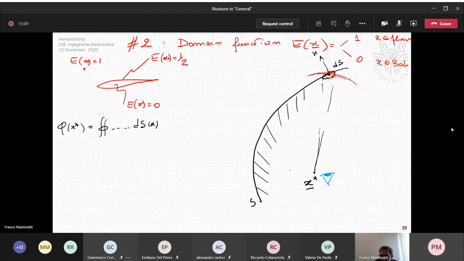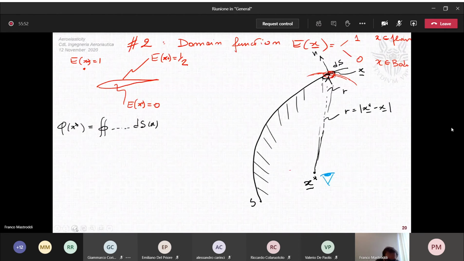Excuse me, I forget to remind you that this is my x point. So I have x and x star. Okay, and this distance is r equal to the module of x star minus x vector. This is the amplitude of this vector.